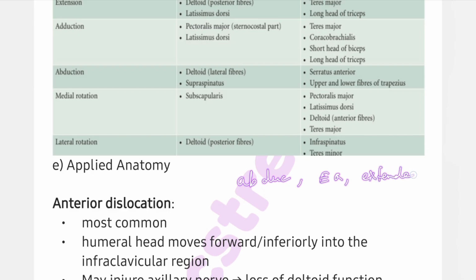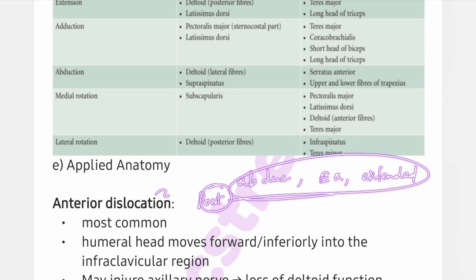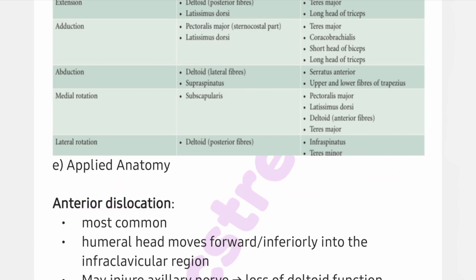So this causes anterior dislocation. You can also write about posterior dislocation, and you have to write how the clinical feature looks. The humerus is displaced to the front of the glenoid cavity, that you have to write. In posterior dislocation, the head of humerus moves behind and above the glenoid cavity.